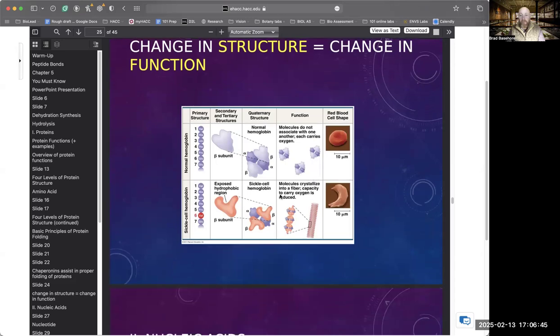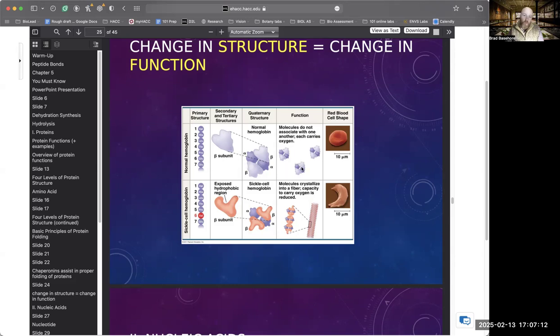Examples of why shape and function are so important. So here is hemoglobin that we just sort of talked about. It's these four globin subunits. In people who have the normal hemoglobin gene, or globin gene, you're going to make these globin subunits.